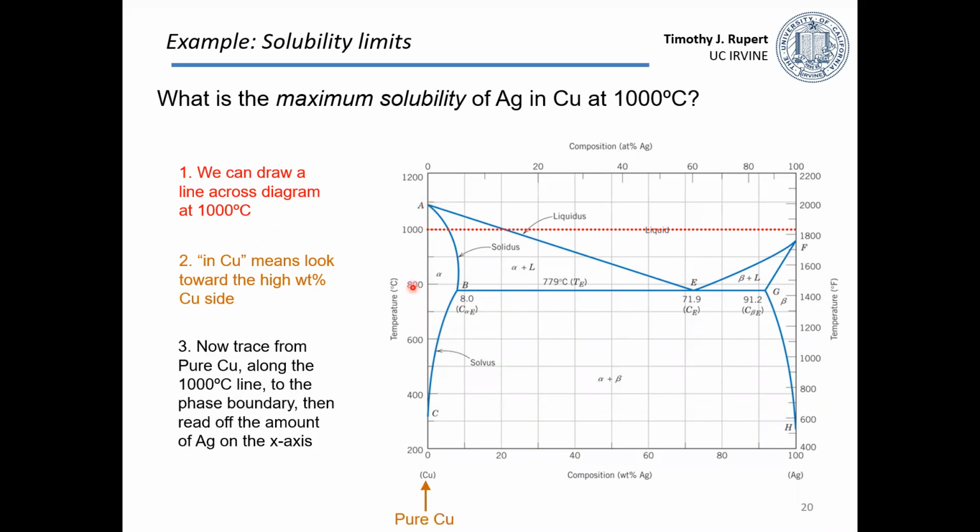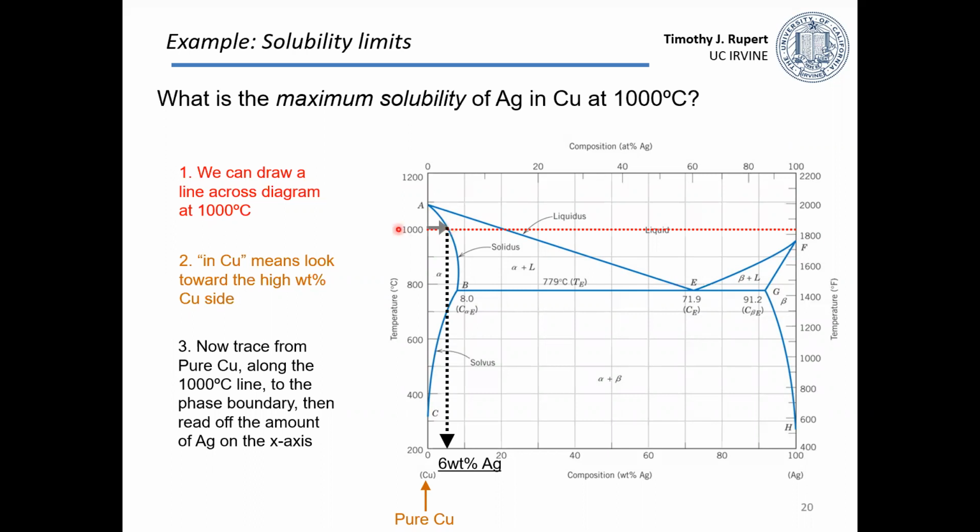I can trace a line along that boundary until I hit the phase boundary, and I can read off how much silver I can have in the system, okay? So I can do the same thing I did with that copper nickel and even the water and sugar examples. So I can say that the maximum solubility of silver in copper is 6 weight percent silver.